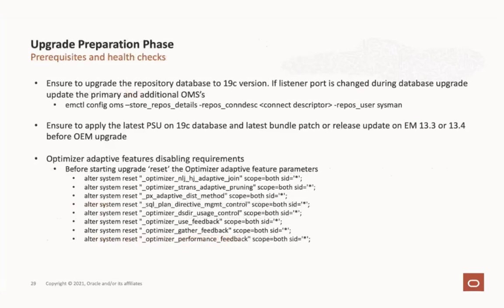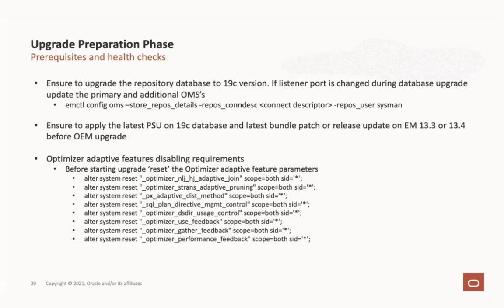Now that we have seen the database and the OS certification matrix, as part of the preparation and health checks, there are a few housekeeping things that you should do to make sure your environment is all verified before you proceed with your upgrade process. One of the things is the optimizer parameters. Some of these optimizer parameters we asked the customers to set as part of their older version upgrades like 13.3 or 13.4, and some customers might not have reset those parameters as part of post-upgrade actions.